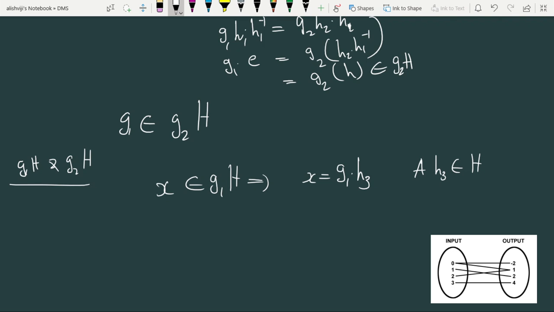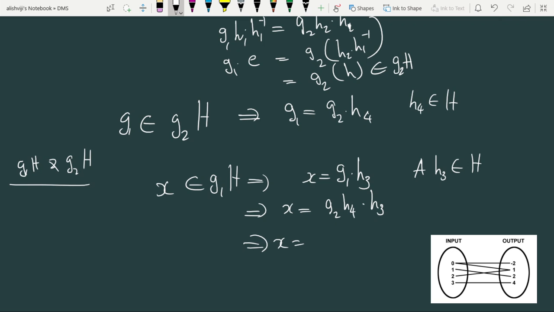And we know that G1 is an element of G2H. Since G1 belongs to G2H, this G1 can be written as G2 times some H4, where H4 belongs to H. So X can be written in the form G2 H4 dot H3, and since H4 and H3 are elements of H, the product H4 dot H3 is again an element of H, say some H5.